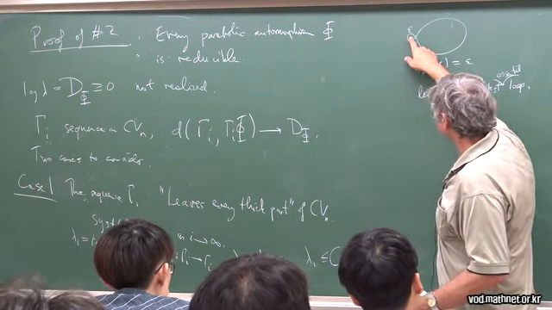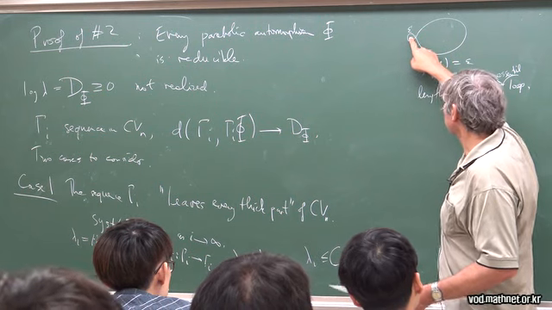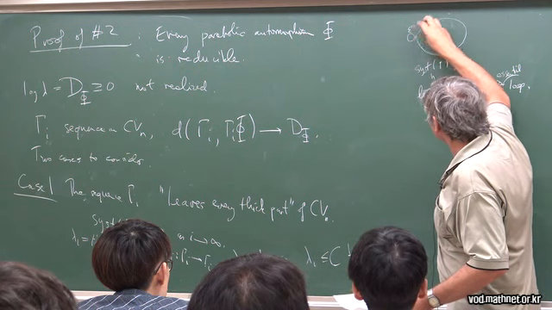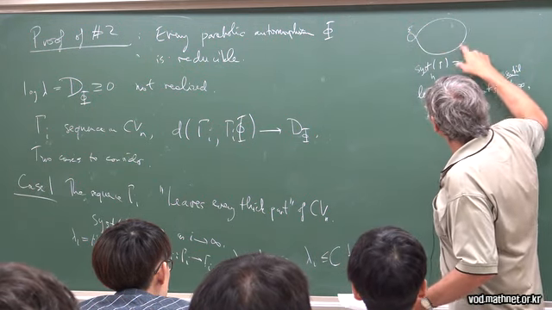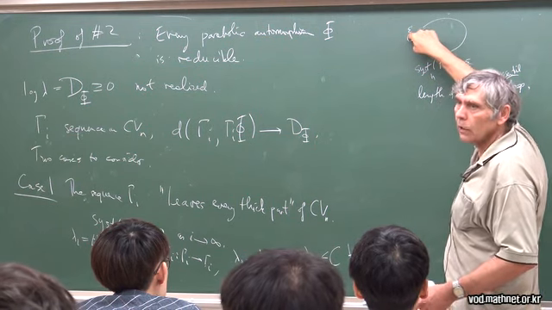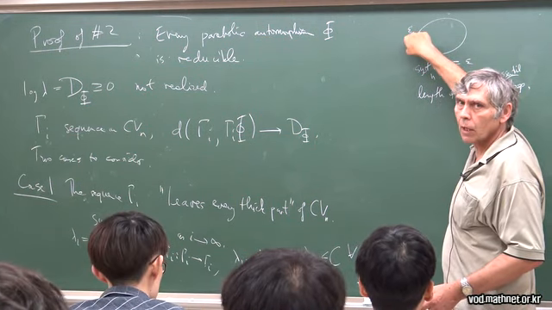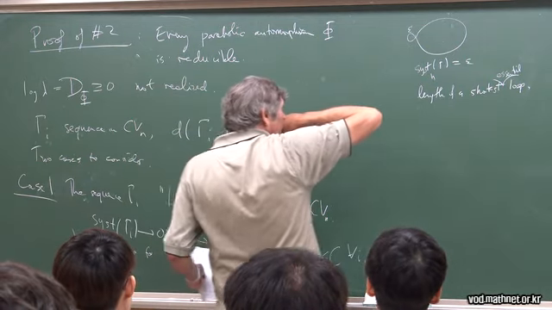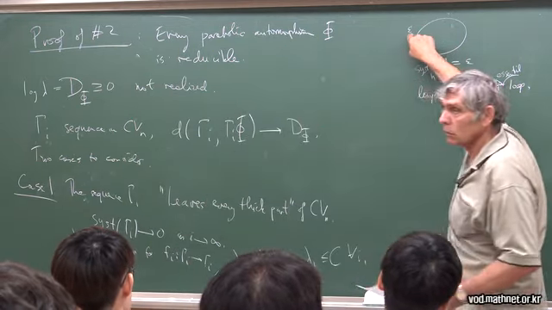So the small loop can go to some loop of size at most c times epsilon, right? Well, when epsilon is really tiny, c times epsilon is not big enough to go over the bigger loop. So it has to go back to itself, and that's your invariant subgraph. So the invariant subgraph is going to be made out of small loops.